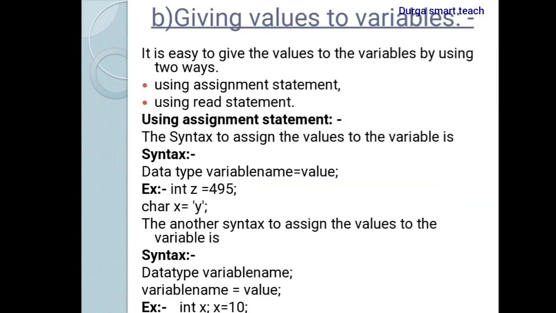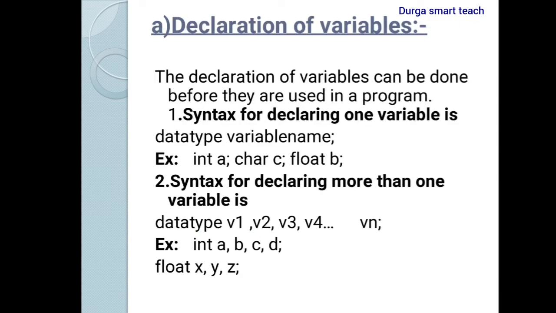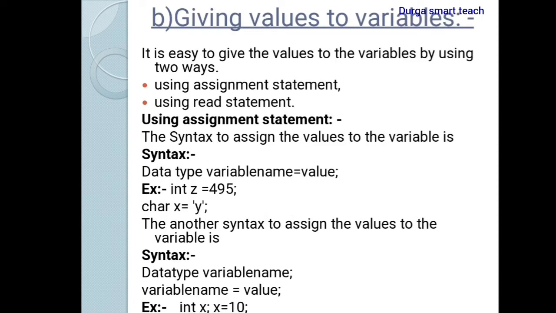Let's see initialization of variables. Here we have allocated the memory for the variables. Next, if you want to store values in the memory locations, then you need to initialize the variables. Giving values to variables is known as initialization.